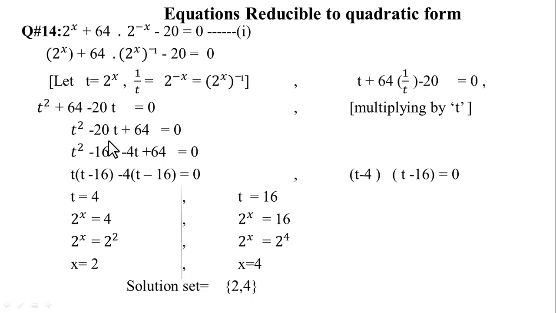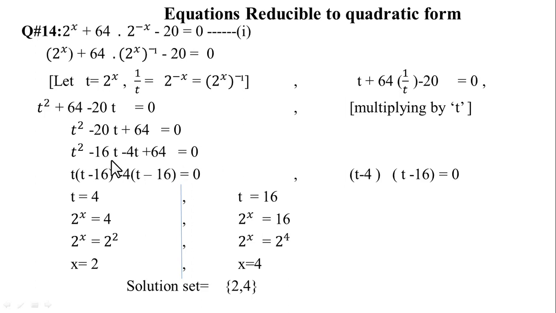Now middle term breaking of 20 into two parts: 16 multiplied by 4 is 64, and minus 16 and minus 4 is equal to minus 20. So we write that t squared minus 16t minus 4t plus 64 is equal to 0.